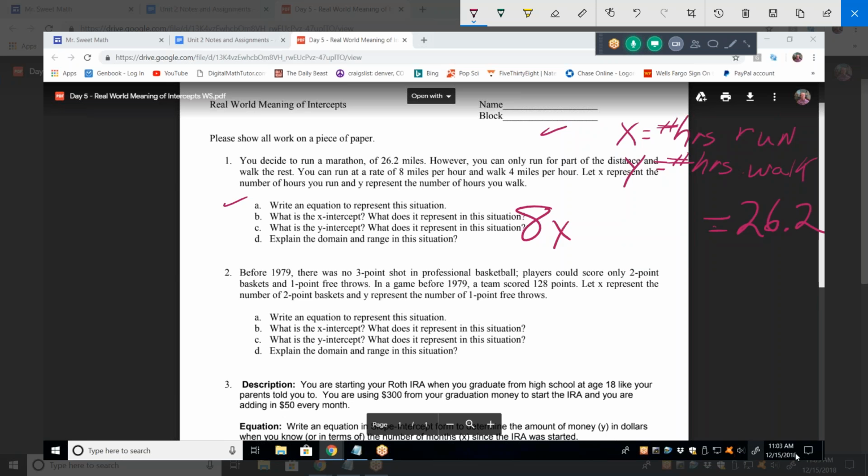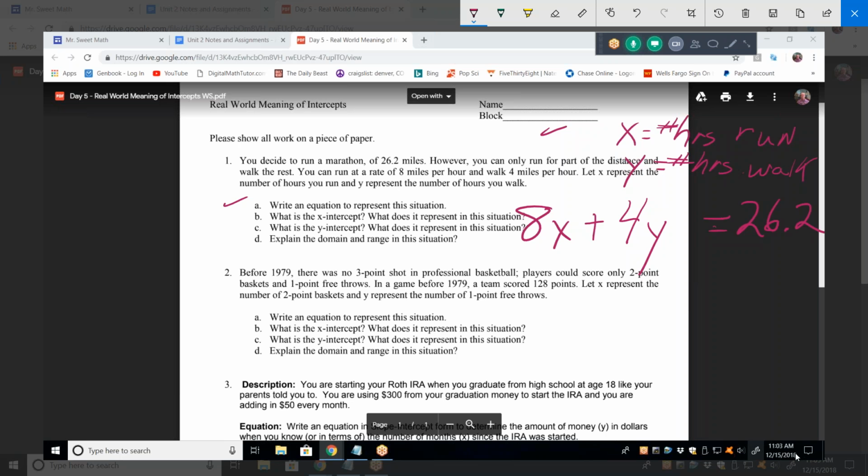Well, let's examine 8x. X is the number of hours that you run, and you run at a rate of 8 miles per hour. So if you run for 2 hours, you're going to cover 16 miles, right? Uh-huh. Okay. Now let's add to that the amount that you walk. So then 4y? Yeah.